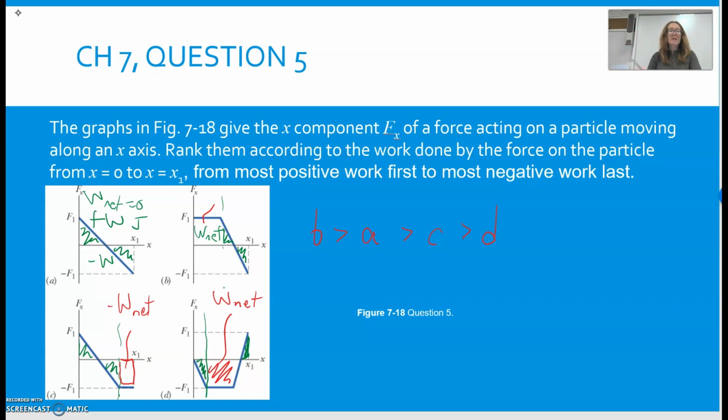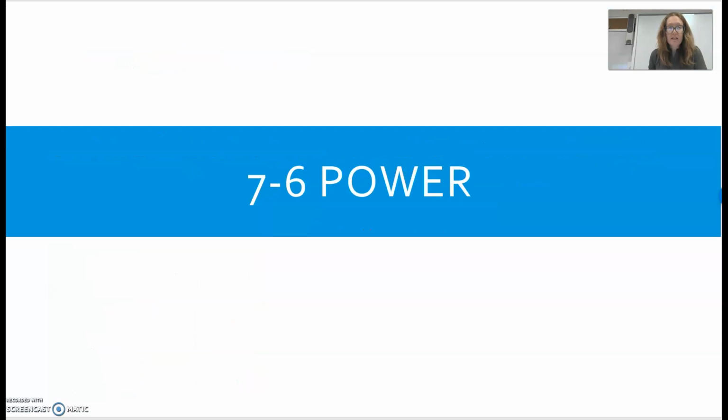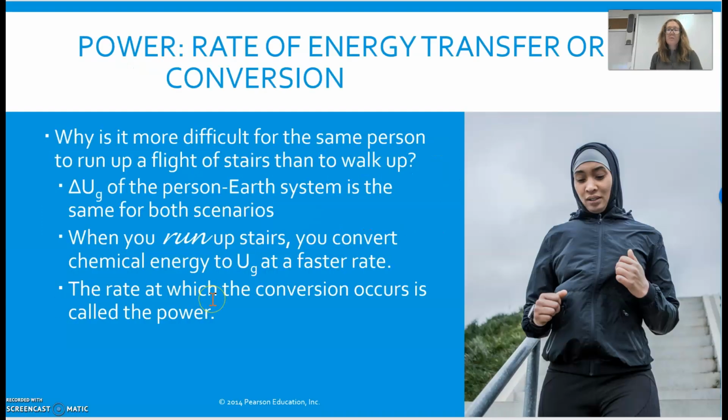Okay. Then let's talk about power, which is 7-6. Power is related to how quickly energy is being converted or transferred. And remember that energy transfer is really talking about work being done, right?